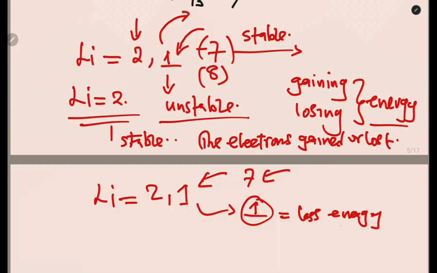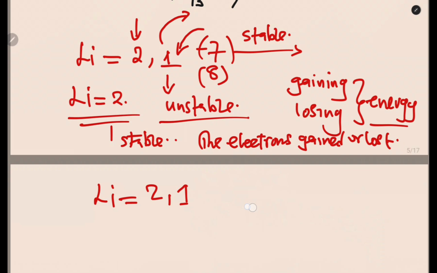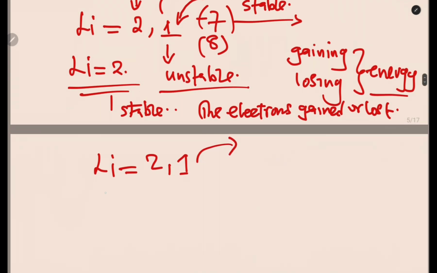Losing the outermost electron, it is losing also the shell, but gaining 7 to make 8 requires a lot of energy, and therefore it will go for the process that requires less energy. And therefore we can say in this case lithium is going to lose an electron. And if lithium loses an electron, it is just going to remain with the 2 electrons.